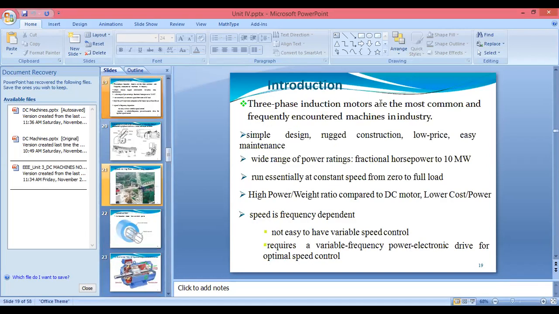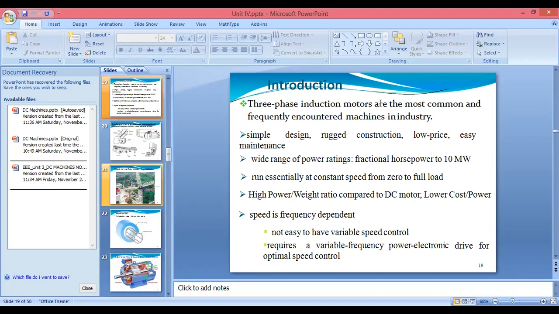We can see the three-phase induction motor as an asynchronous motor. It is the most common and frequently encountered AC machine available in the industry.